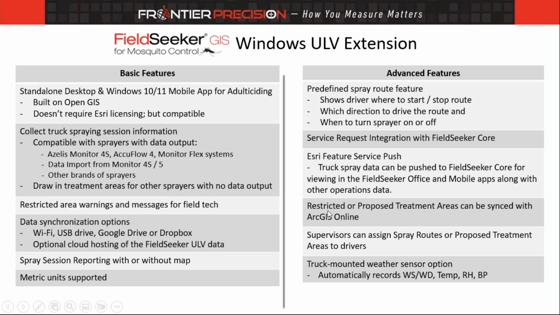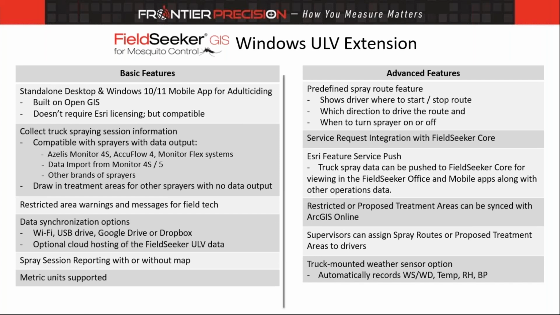We have restricted or proposed treatment areas that can be synced with ArcGIS Online. And then also supervisors can assign a spray route or proposed treatment areas to drivers. And we do have the optional weather sensor that can be mounted on the truck bed, and that data integrated with FieldSeeker.